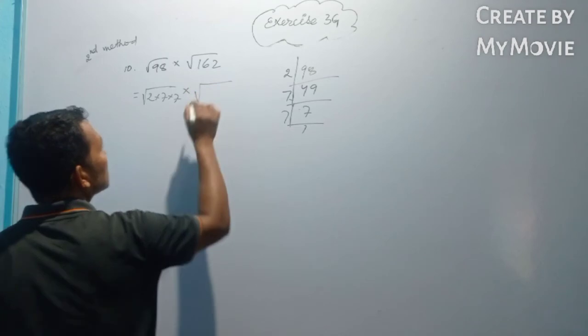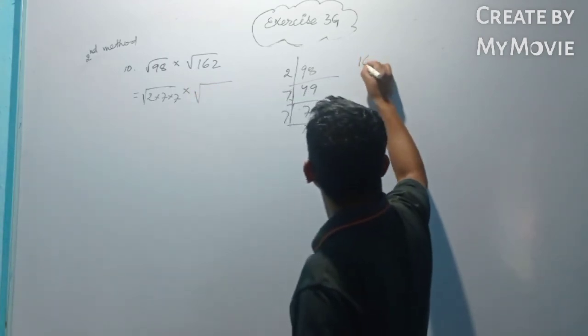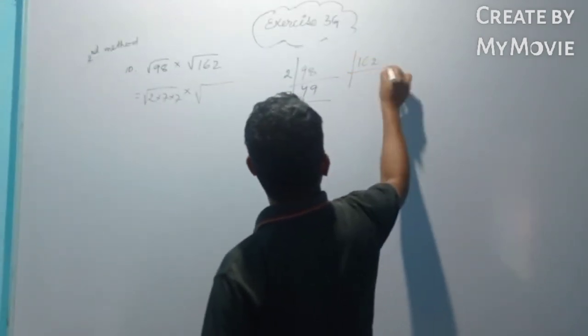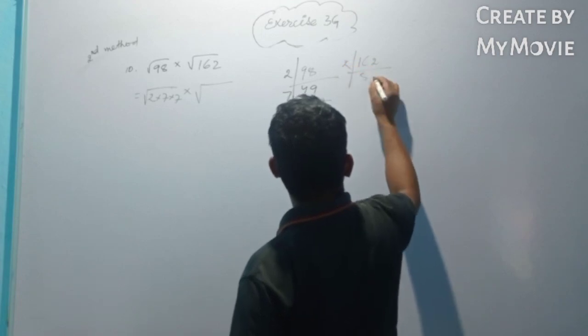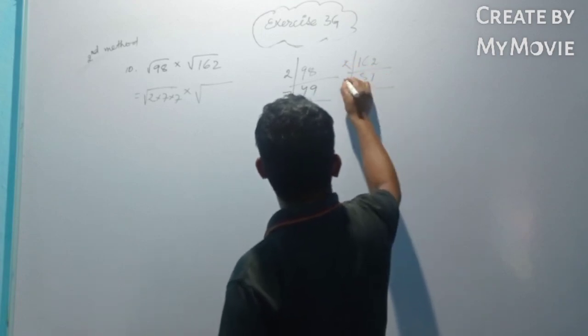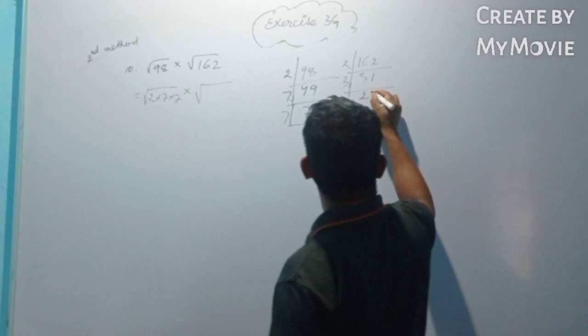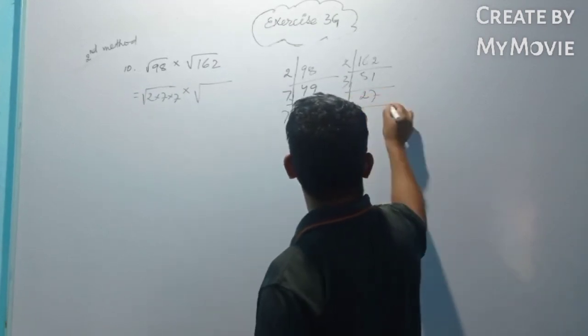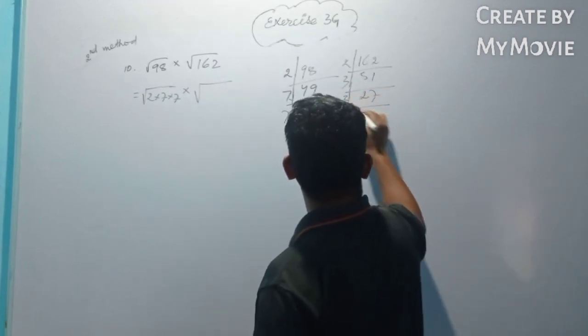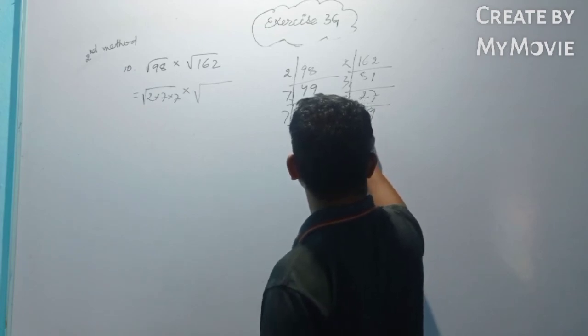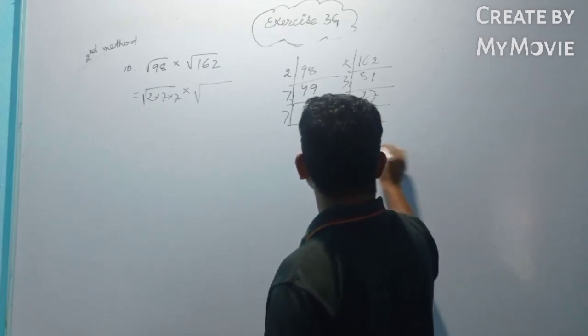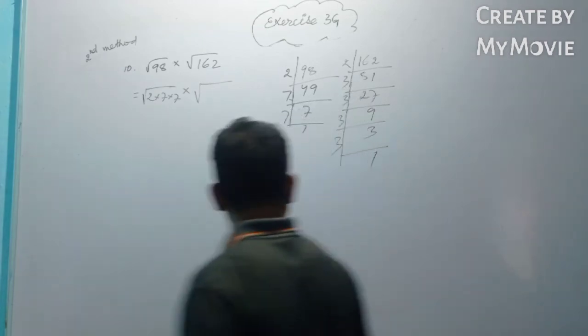Now similarly take 162, 2 8s are 16, 2 1 is 2, then 3 2s are 6, 3 7s are 21, then 3 9s are 27, 3 3s are 9, 3 1 is 3.